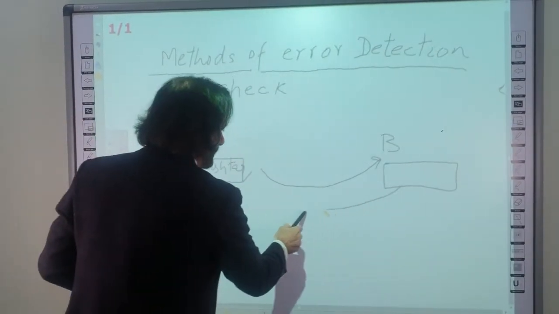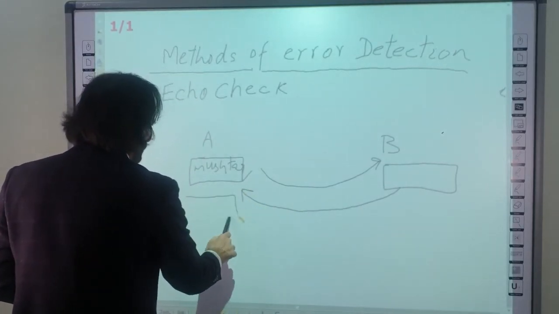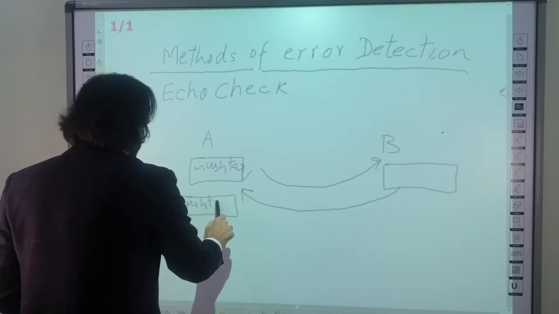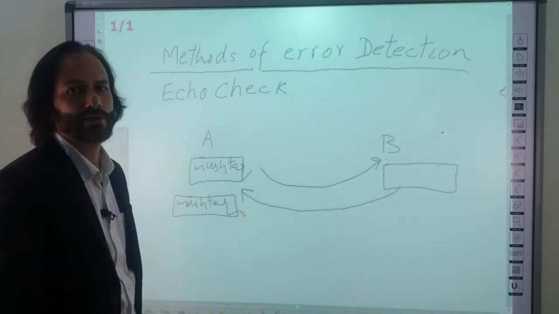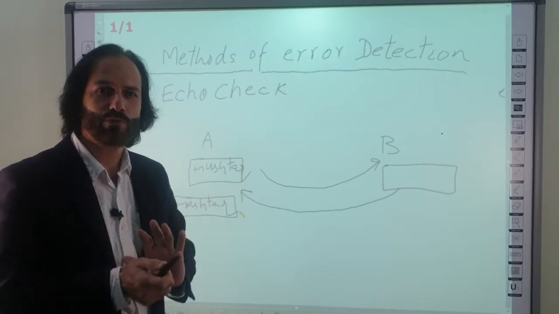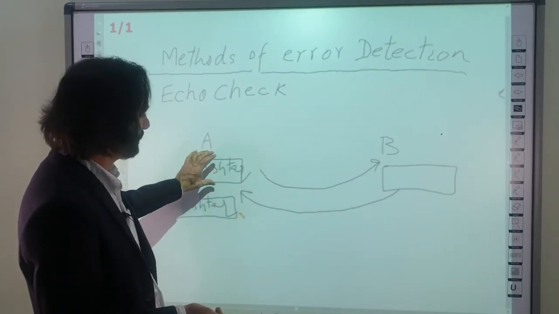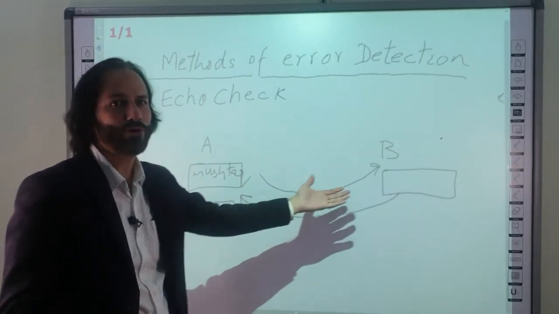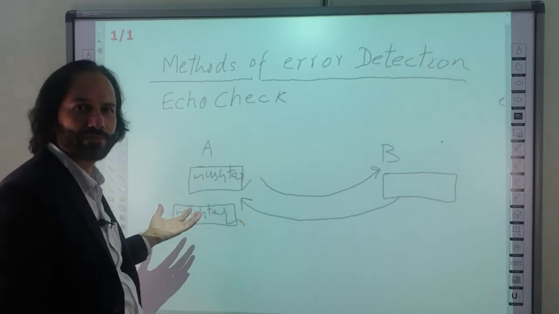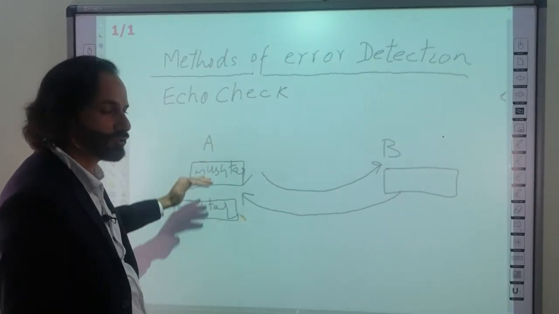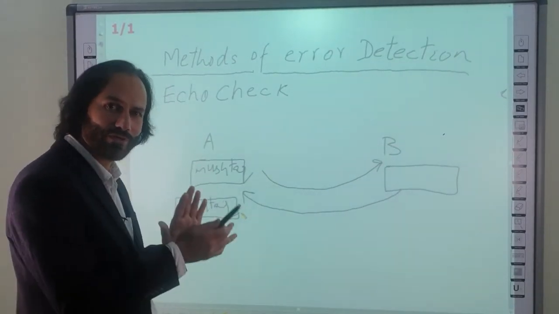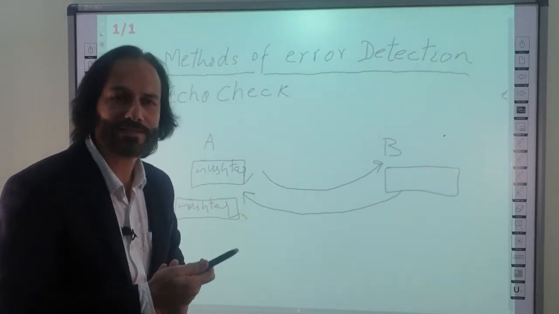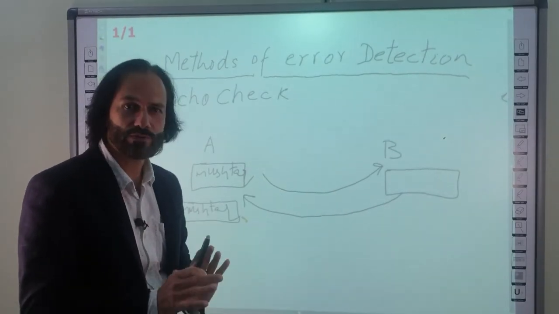So the same data has been sent back to computer A. Now computer A compares both the copies, the one previously sent and the second which was just received from computer B. If both the copies are the same, the sender is sure the data received by computer B was correct.